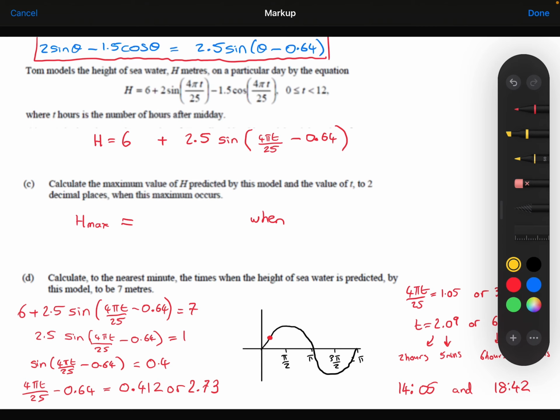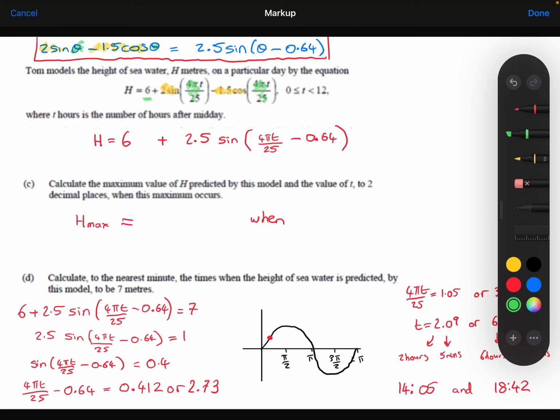Now, just compare that equation with what we found in part A. I hope you can see that the 2 sine t and the minus 1.5 cos, those bits match up perfectly with what we had in the part A of the question. The only difference is we don't have a theta anymore. We've got this 4 pi t over 25. And we've got this plus 6 at the beginning.